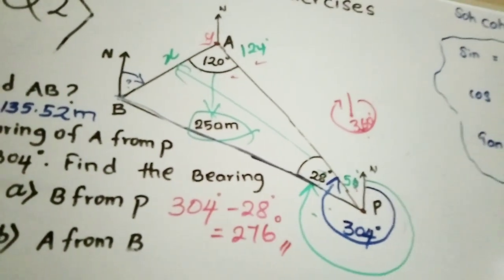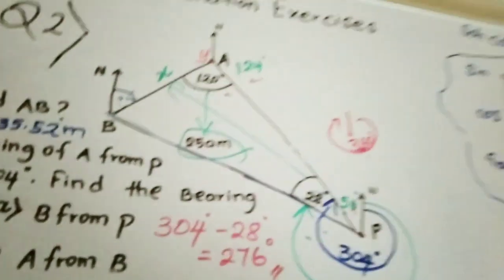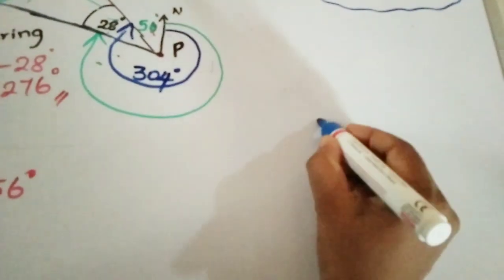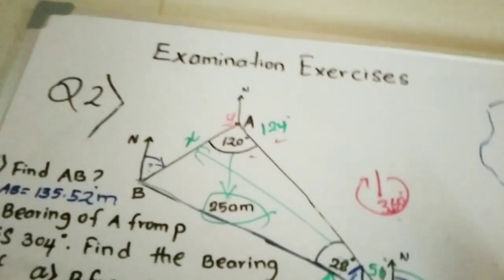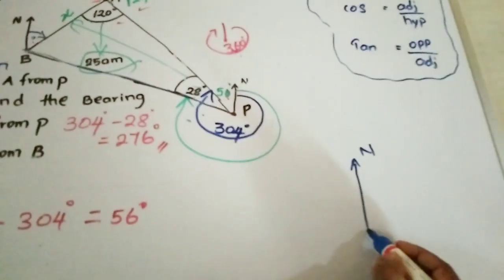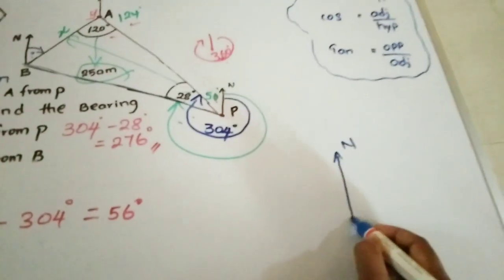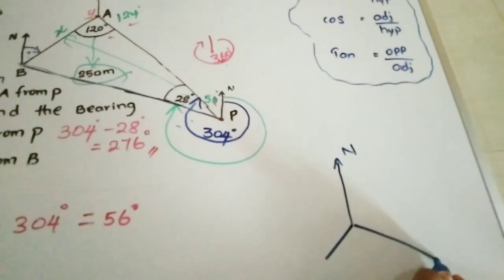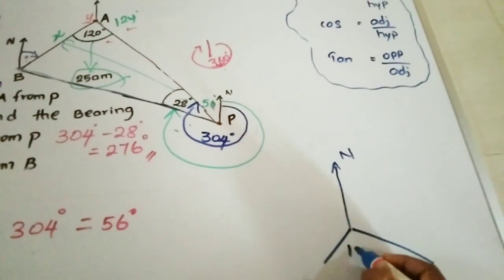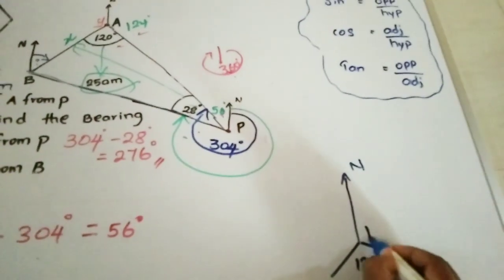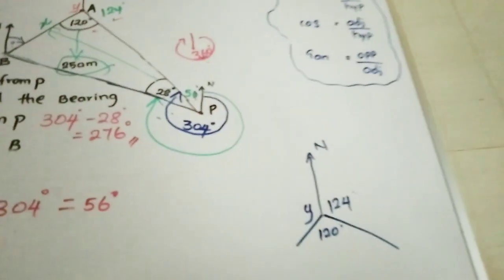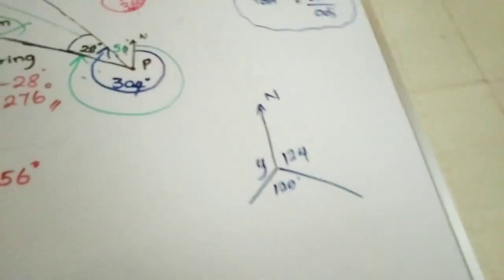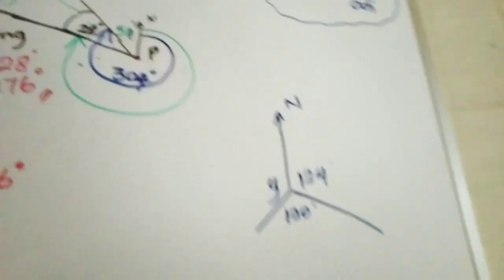Let's draw the point A in a different space. Point A, unknown angle y, north direction. The angle is 120. This is 124. The remaining angle is the unknown angle y.